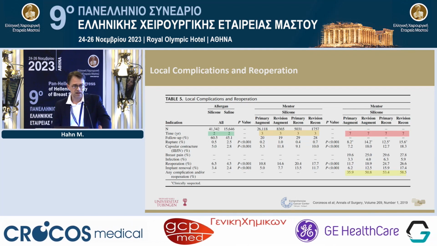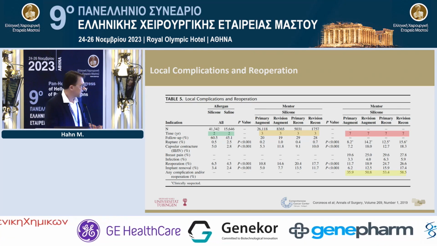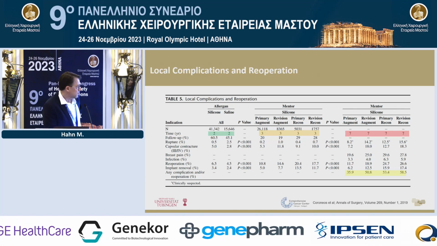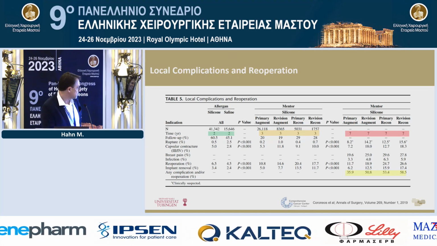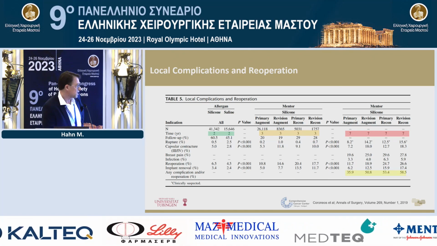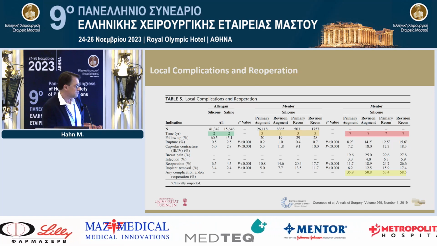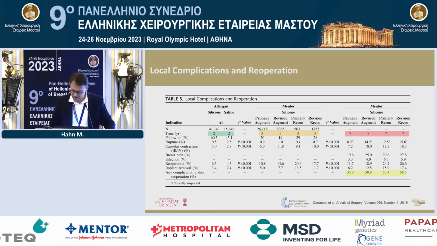So if we take a look at the FDA approval study, we see that after 7 years of primary reconstruction, 53% of our patients will have some kind of complication or symptoms. And the same happens in patients with aesthetic augmentation.